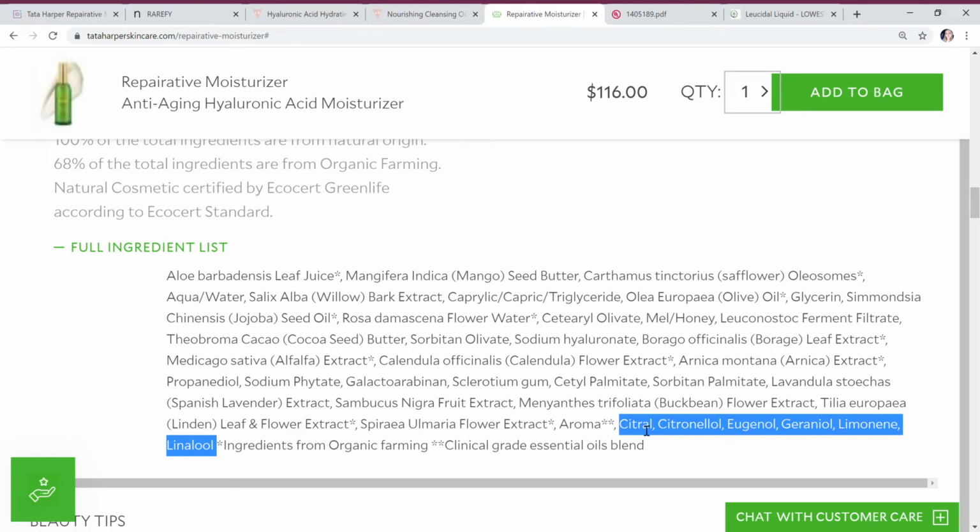So these are not ingredients that were added to the product. They are the chemical compounds within essential oils used. But it also gives us a hint of what the essential oils are. In this, we can tell that there's a little bit of citrus, some rose, and Roman chamomile, which I'm guessing.